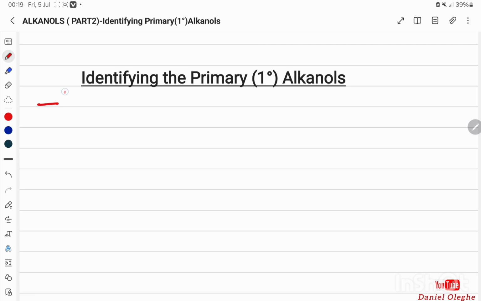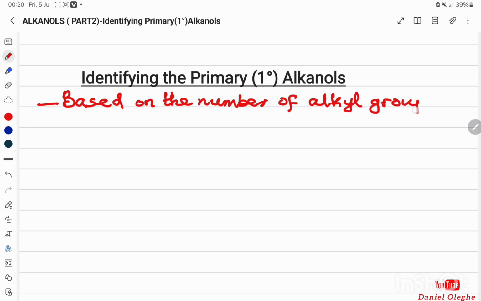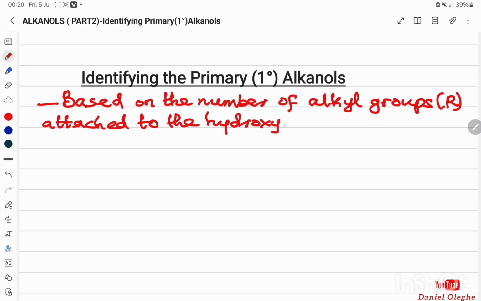Classification based on the number of alkyl groups, represented by capital R, that are attached or bonded to the hydroxy-carbon atom in their molecules. That's another condition for classifying alkanols.